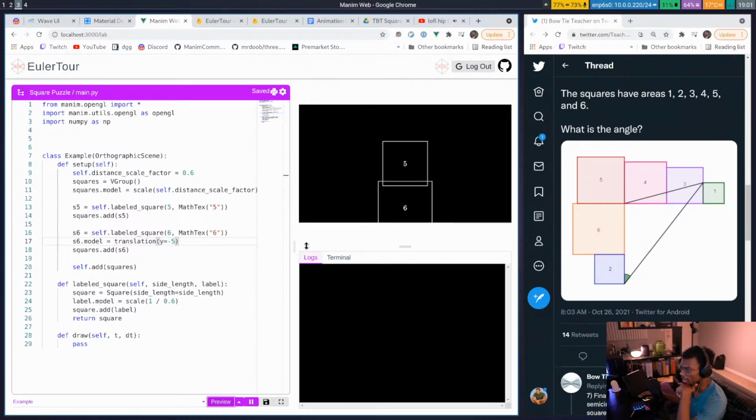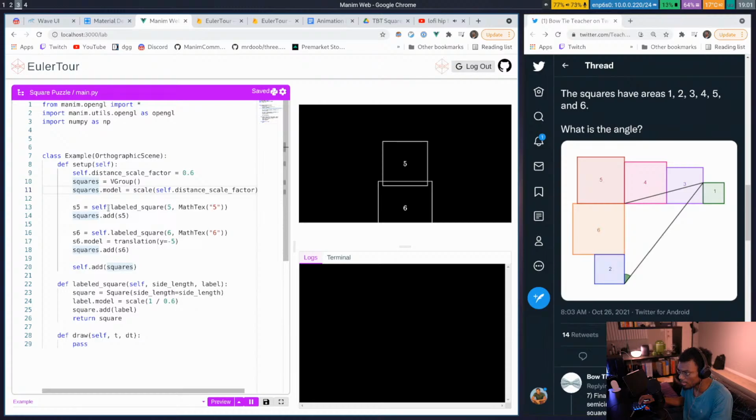Okay, why would that happen? Why would these not be aligned? That seems really strange to me. The entire squares group is scaled, but that shouldn't affect that.